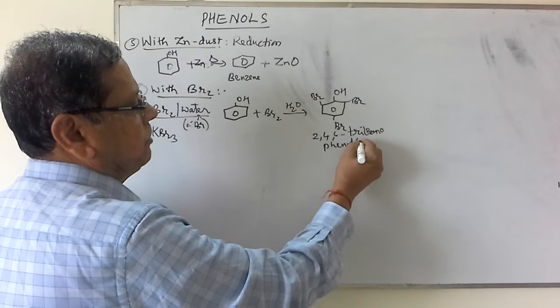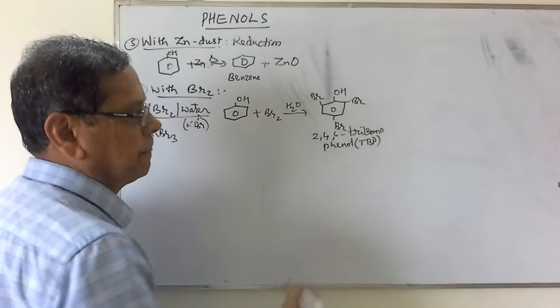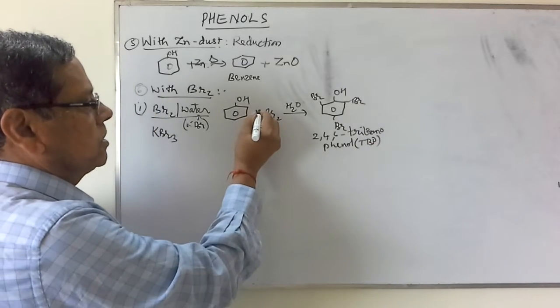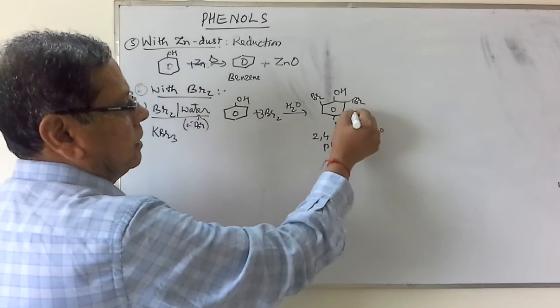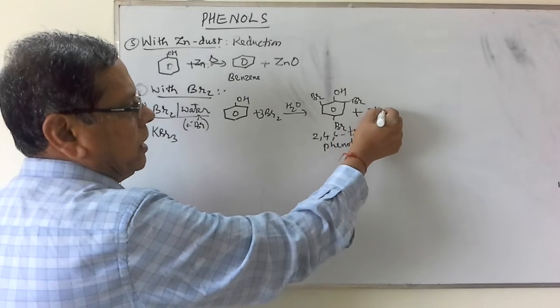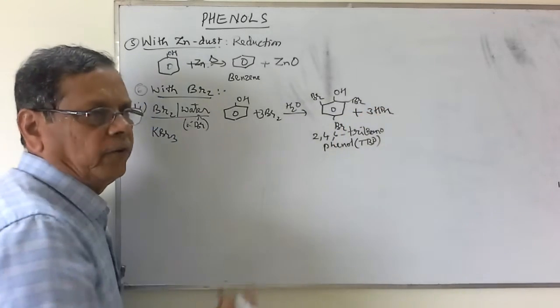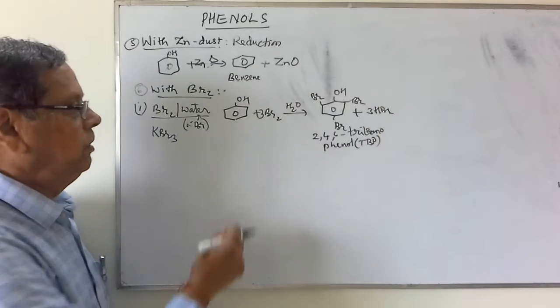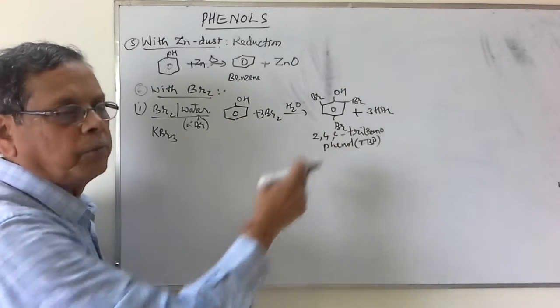Usually it is indicated as 2,4,6-TBP. Since 3 molecules of bromine undergo reaction, the other product is 3 HBr. It is a nuclear electrophilic substitution reaction in which the benzene ring undergoes substitution with bromine.